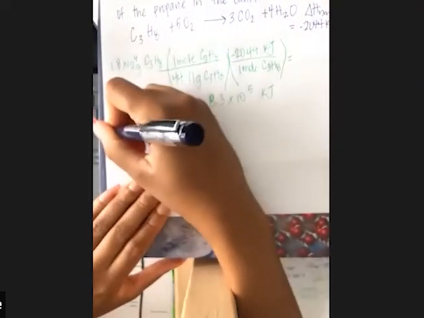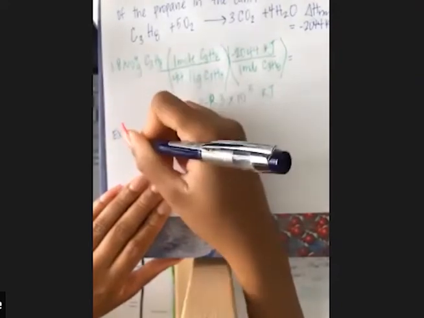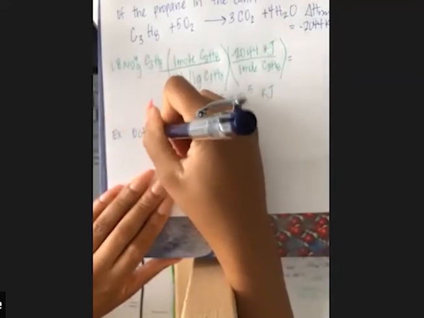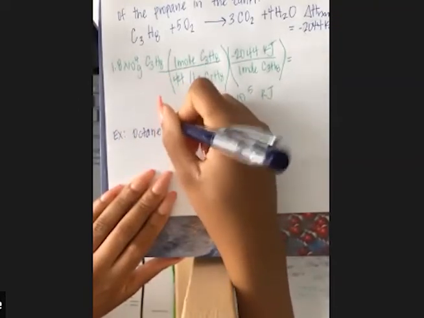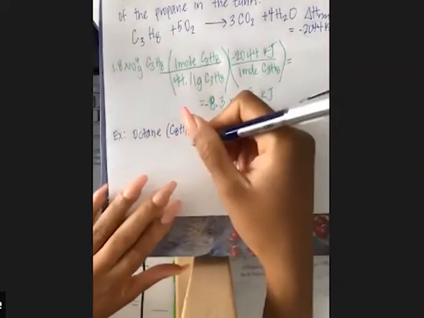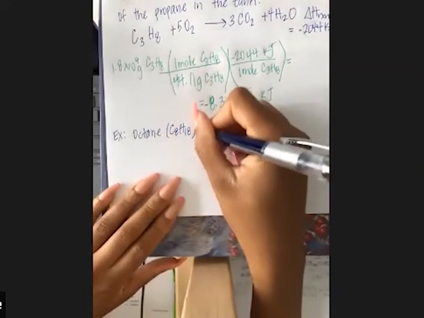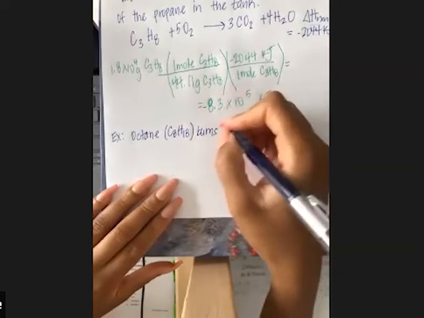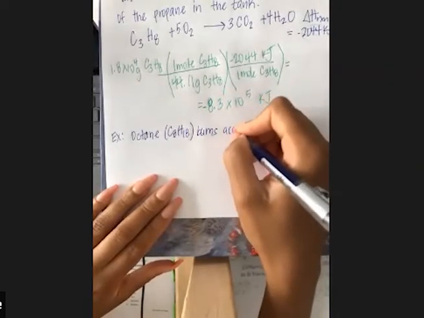Let's say my next example says I have octane, which has the formula C8H18. And our gasoline burns according to the equation.